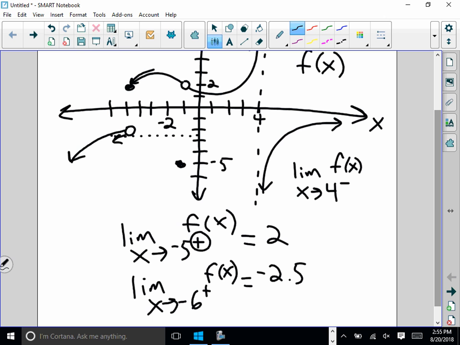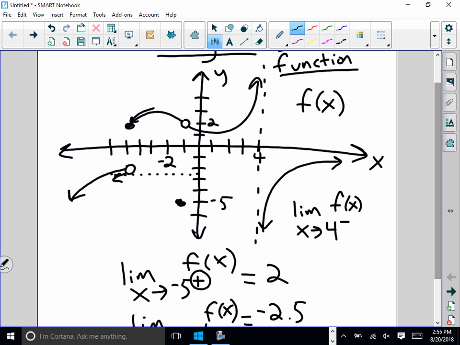If I scroll up here and take a look at my graph, now I'm approaching the x value of 4 right here, but I'm approaching it from the left side of the graph. We see we have a vertical asymptote there at x equals 4, but from the left side, what y value are we approaching as we approach 4? Pause the video and answer it.